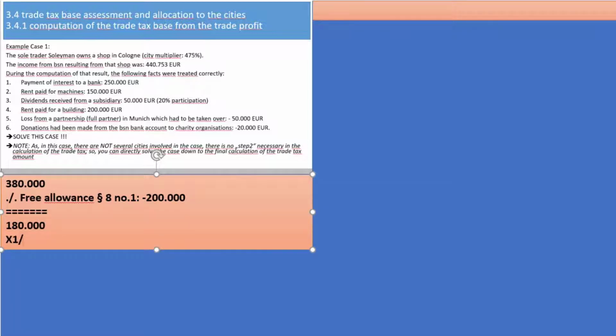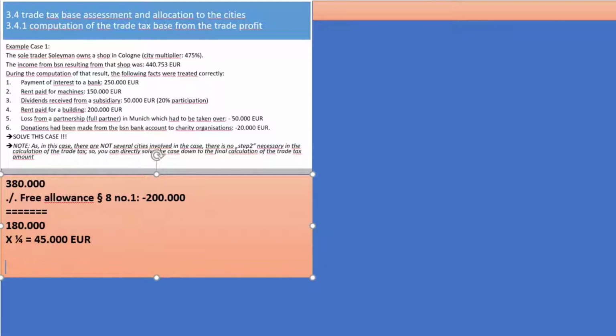And this is only taken with a quarter. And you remember that? Never calculate that quarter in advance. So never calculate 1/4 of the interest, 1/4 of the rent, and so on, because then it goes fundamentally wrong. You know, quartering always happens at the end of the thing. So if my brain is not completely rotten, then that will be 45,000.